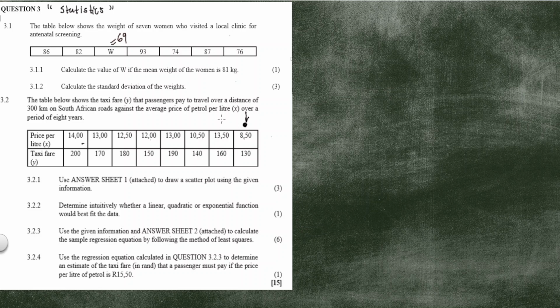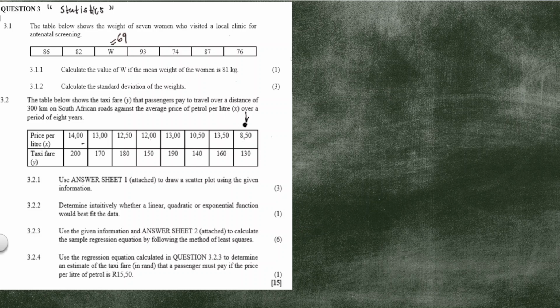And then 7 years ago it increased, and it fluctuated from 8.50 to 13 rand. Drop, pick up again, drop, pick up, pick up. Look at how petrol is priced.